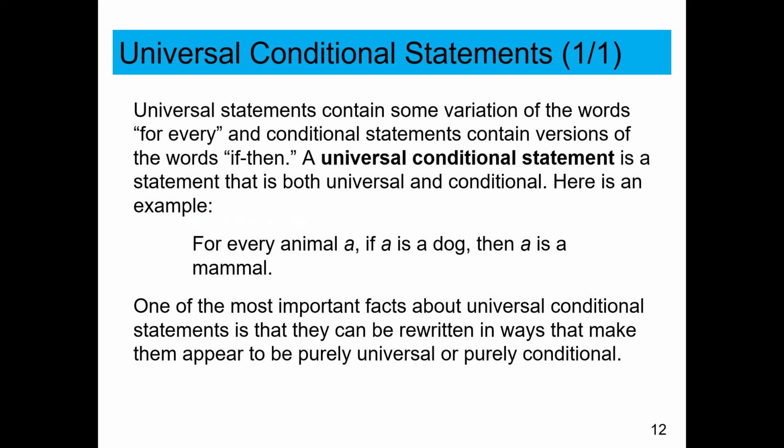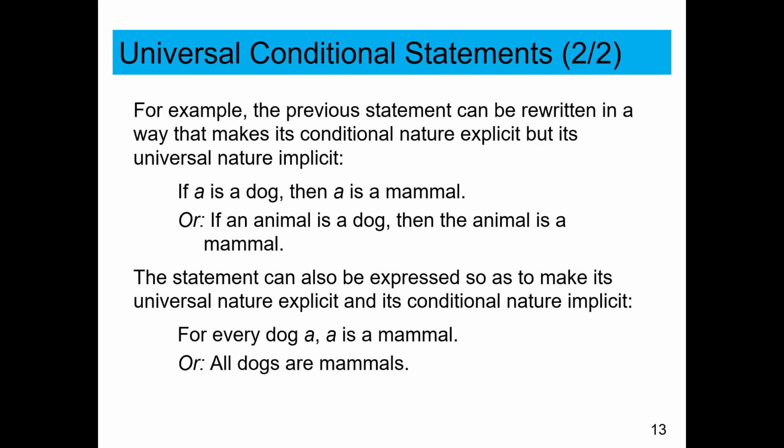For example, I could write it as if A is a dog, then A is a mammal. That kind of implies that for all dogs, in other words, for every dog A is a mammal, or all dogs are mammals. This has no if-then, but it is actually still a universal.